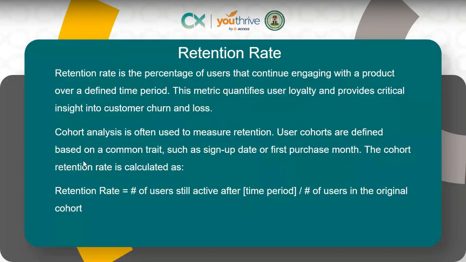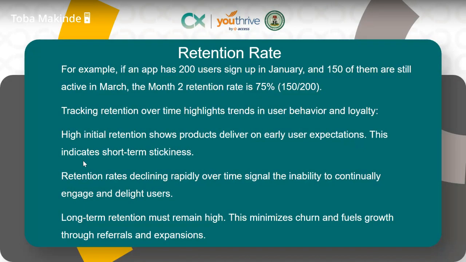Right. For example, if an app has 200 users sign up in January, and 150 of them are still active in March, the month-two retention rate is 75%, meaning 150 divided by 200.